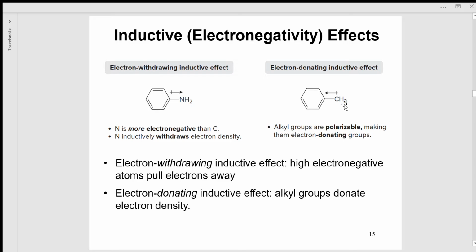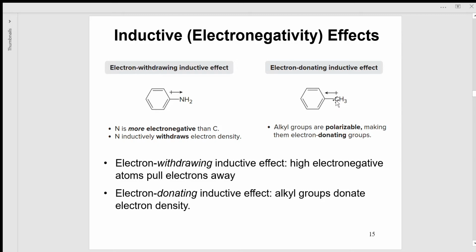In the second case, this benzene is attached to a carbon group. This is a carbon, this is a carbon. But because this carbon is attached to 3 hydrogens, it bears slightly more electrons than the ring carbon. So we see this carbon can donate electrons, pushing the electrons to the benzene ring, but there is no hydrogen here.